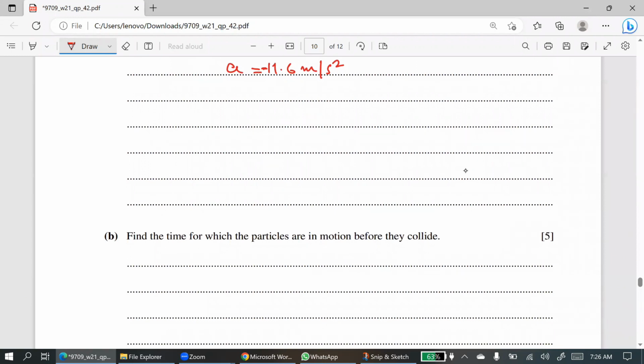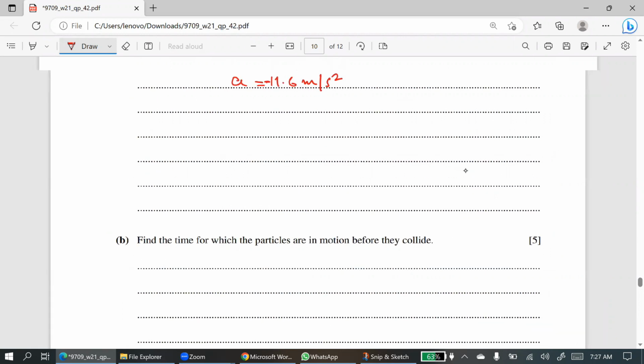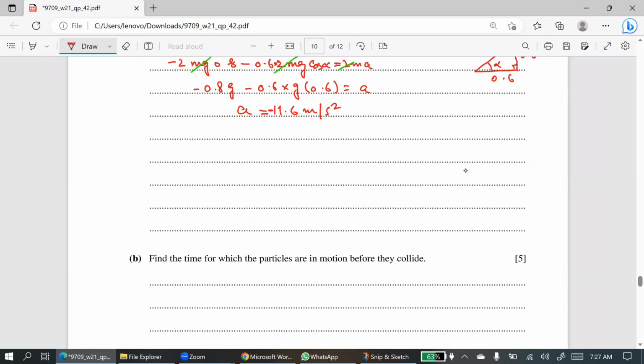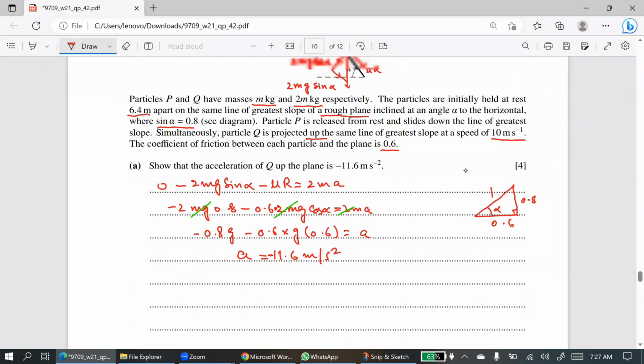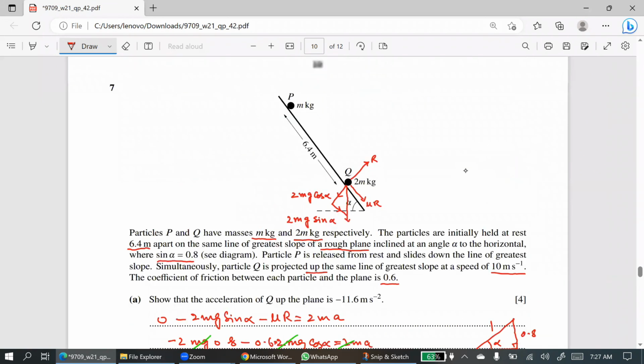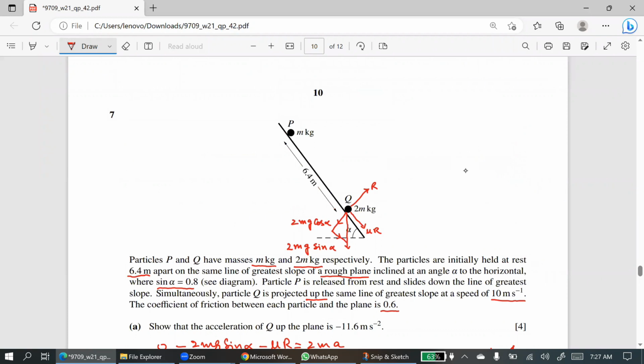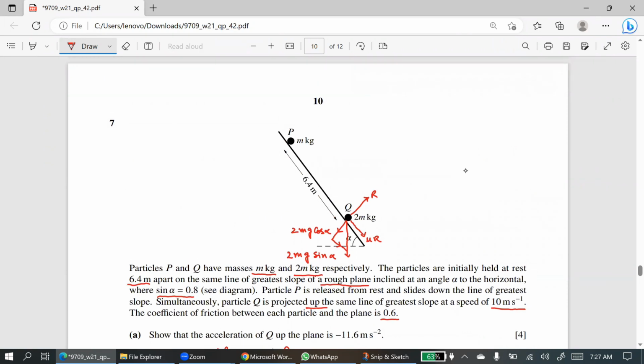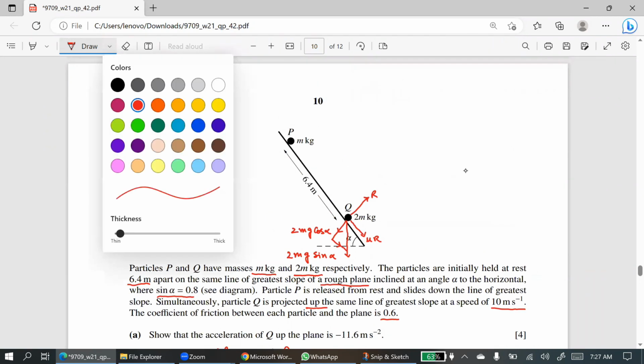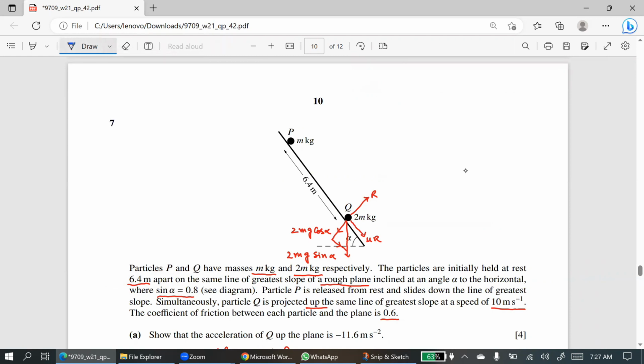Find the time for which the particles are in motion before they collide. Now we will draw the forces on the first particle. This one is the weight of particle P. These are the two components.